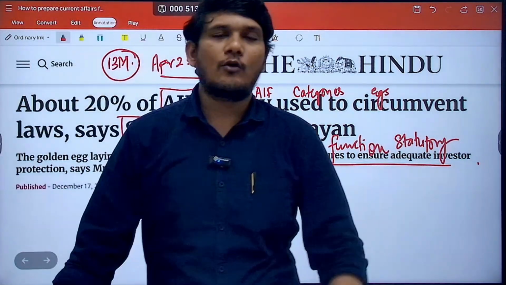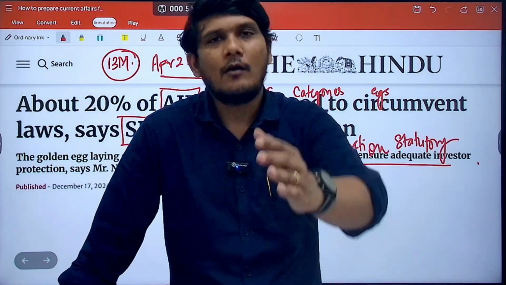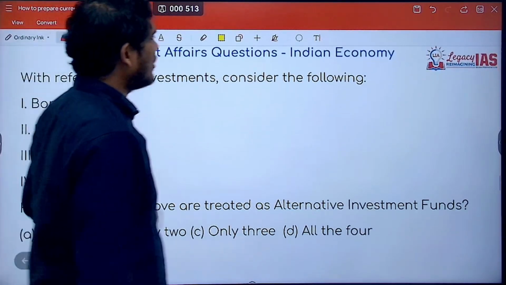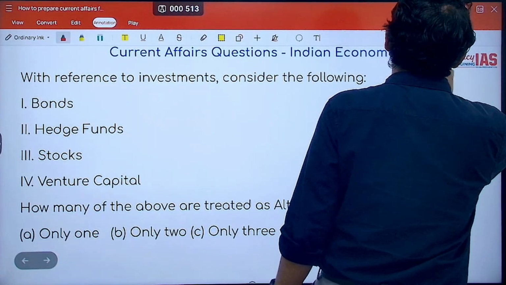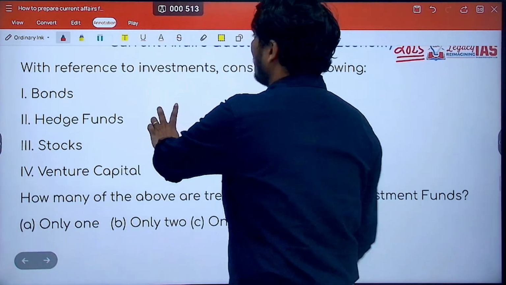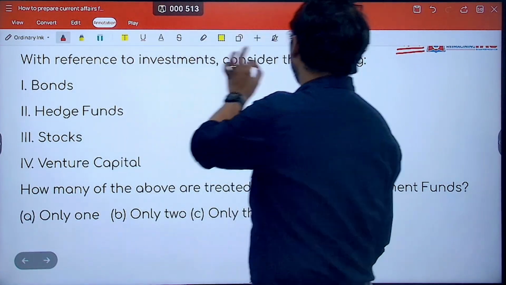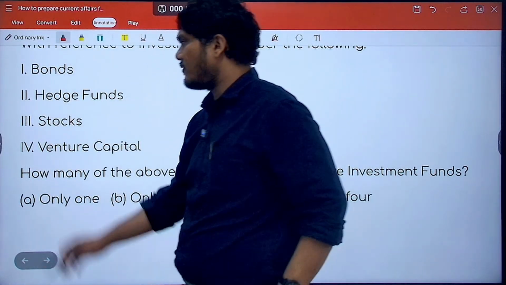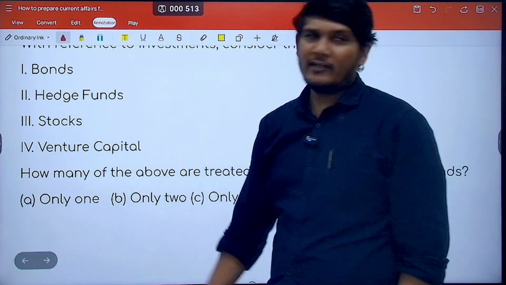Now that we have understood what to study, let us see what the question was all about. UPSC in 2025 asked a question on alternate investment funds. With respect to investments, consider the following: bonds, hedge funds, stocks, and venture capitalists.